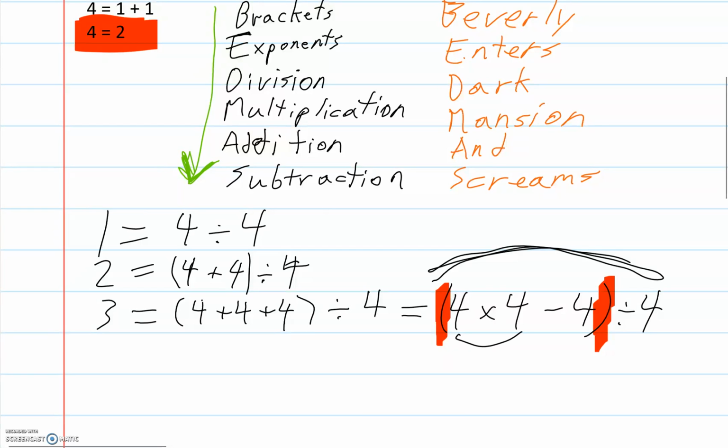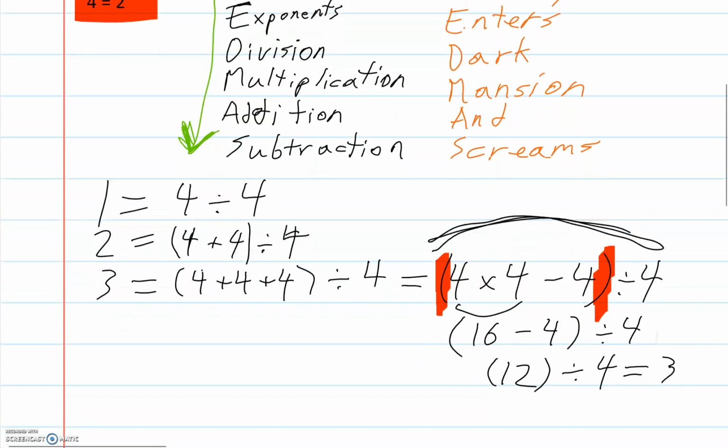So here, we're going to do 4 times 4 is 16. And we'll drag down the minus 4, divided by 4. Then we do 16 minus 4 is 12, divided by 4. And hopefully you notice that that's the same as last time, which is 3.